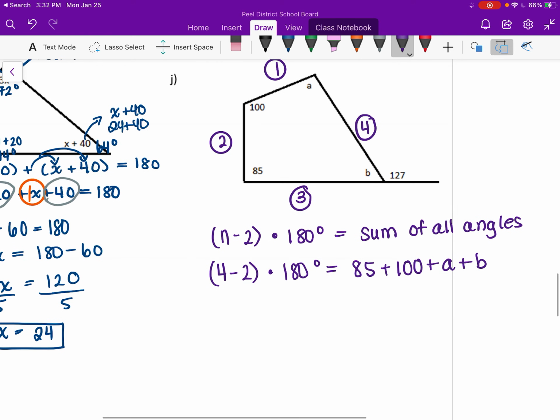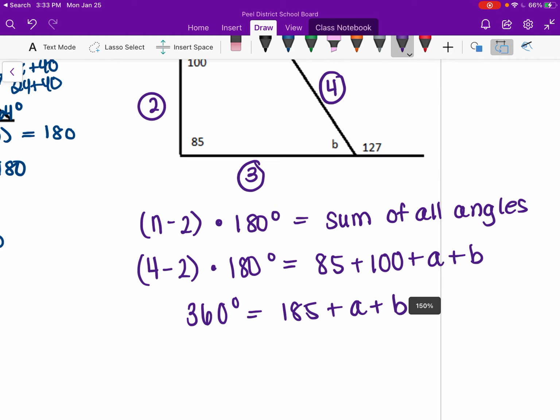Right? So 4 minus 2 times 180 is going to give me 360, which is going to equal 85 plus 100, which is 185, plus a plus b.